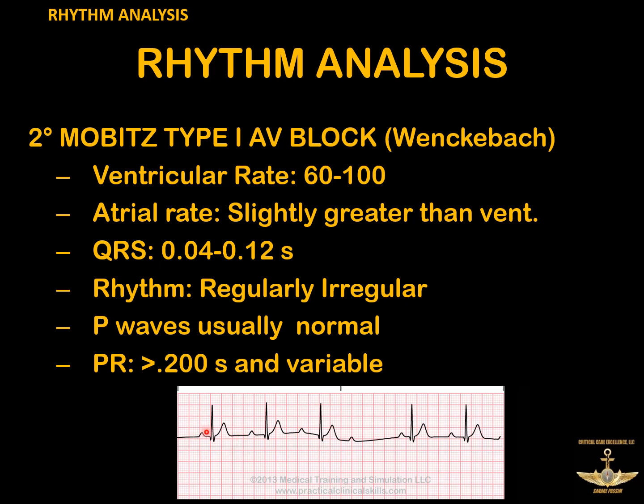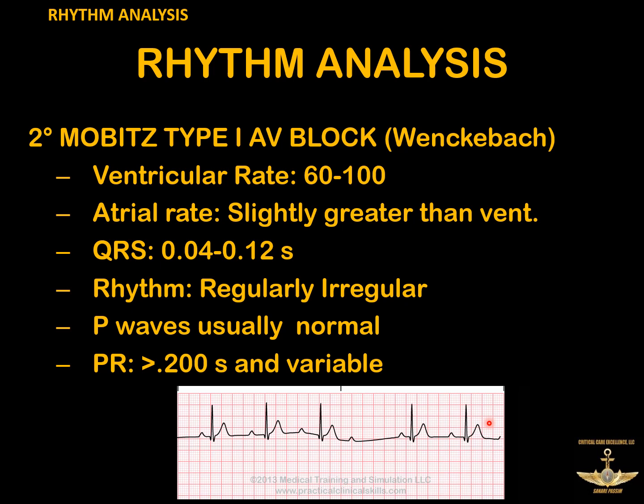So if you look at this rhythm strip from beginning to end, you see the PR interval gets longer. On the second beat, longer still. Third beat, longer still. Fourth beat, it just isn't there. You have a P wave and then nothing else. And then the rhythm starts over again. Clinically speaking, this is an AV junction which is getting progressively sicker.